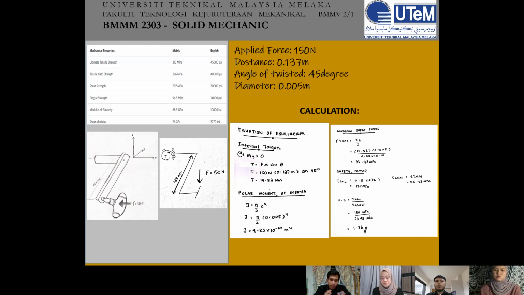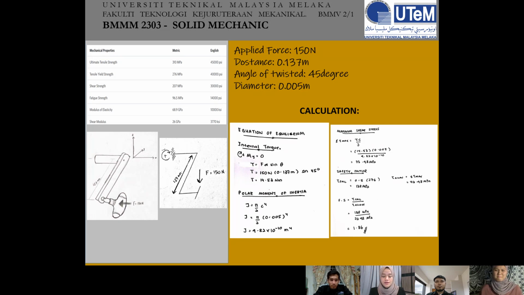One more thing, the angle of twist of the fishing reel is 45 degrees, and the diameter of the fishing reel is 0.005 meter. That's all for me, and I call Sarah to continue.